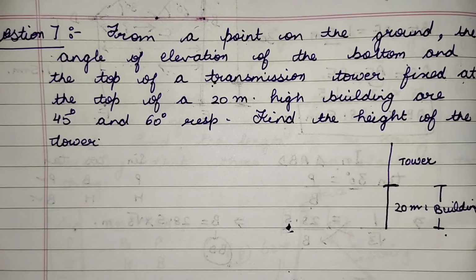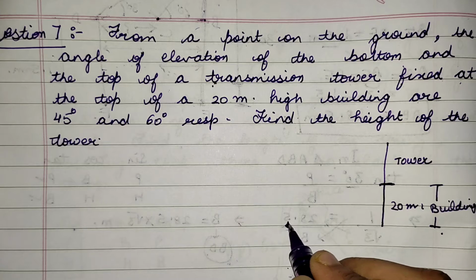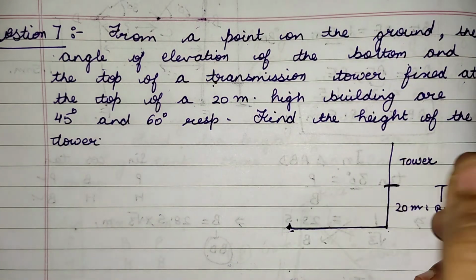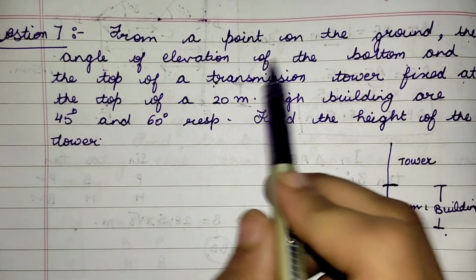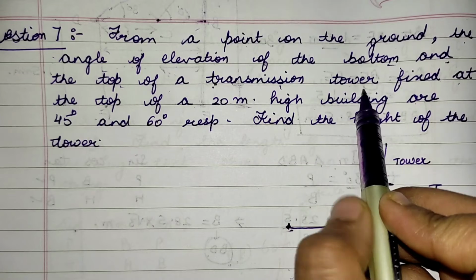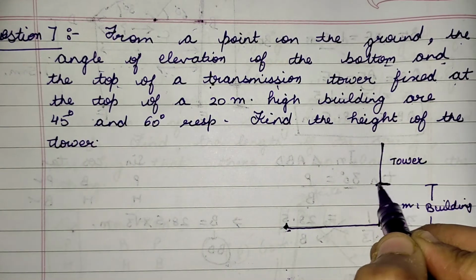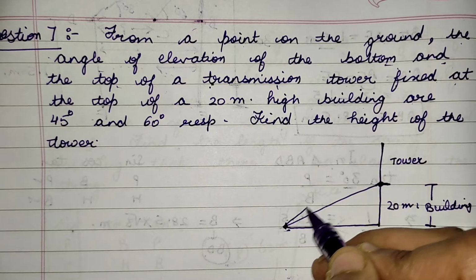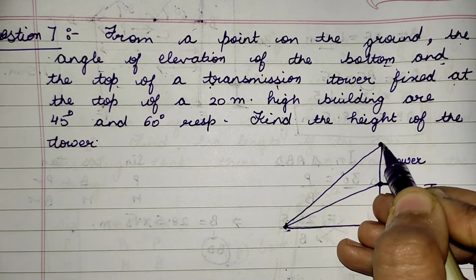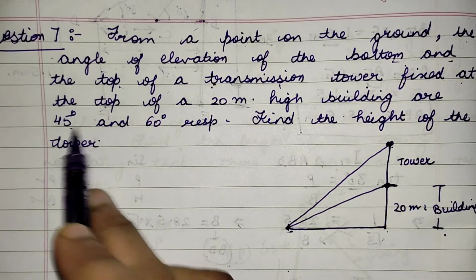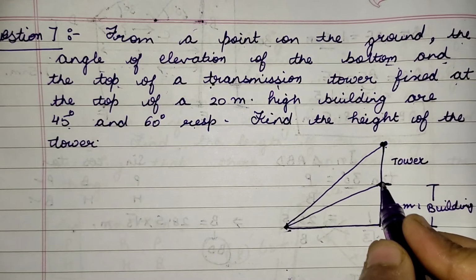Okay, so now if you read the statement again, then you will be able to understand what the question says. From a point on the ground, the angle of elevation of the bottom and the top of the transmission tower, means at the bottom of this transmission tower and at the top of this transmission tower, angles are equal to 45 degree and 60 degree.